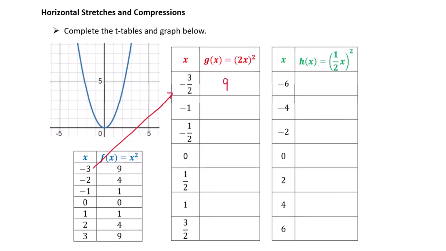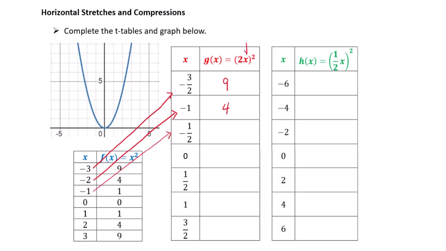Same with the -2, I've taken half of it, and so it's -1. If I put that in here, -1 times 2 is -2, squared is 4. Half of -1 is -half.